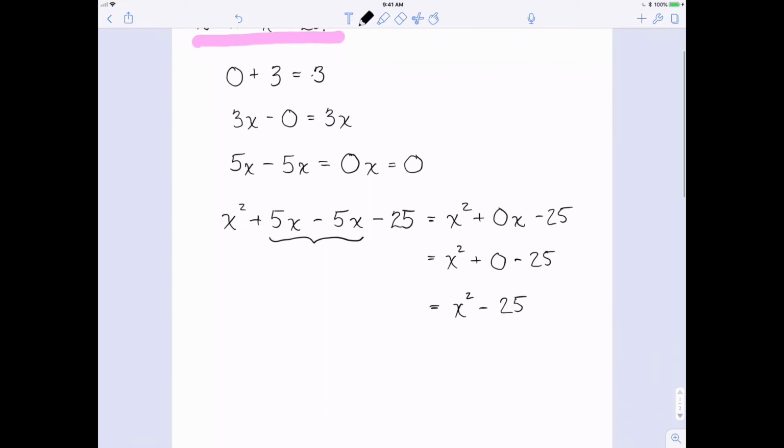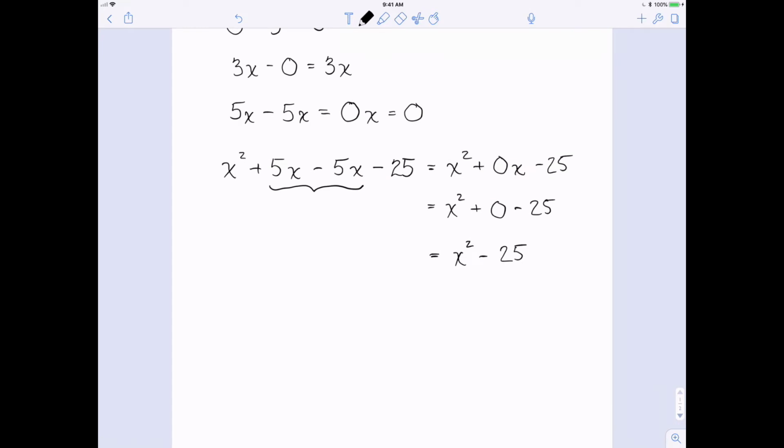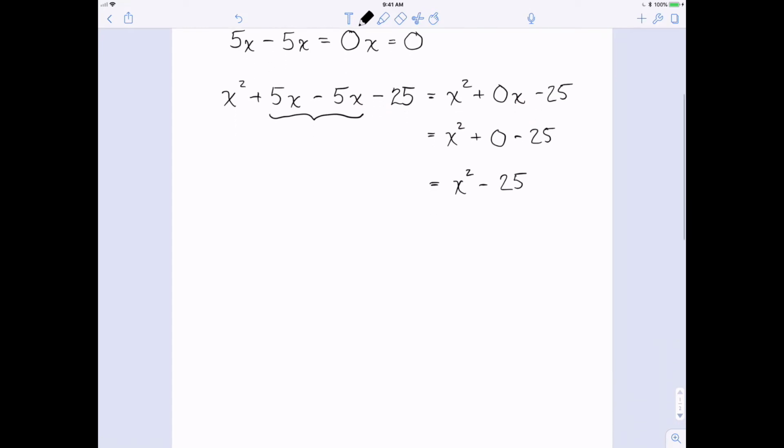All right, let's bring this down here. And the problem is going to work just as we might expect. We're going to start with an x, and I'm going to write x squared minus 25. But I'm going to do two things here. In front of the x squared, we're going to write the 1, because we know that that's what's implied, but we don't write it. And we have an x squared term.